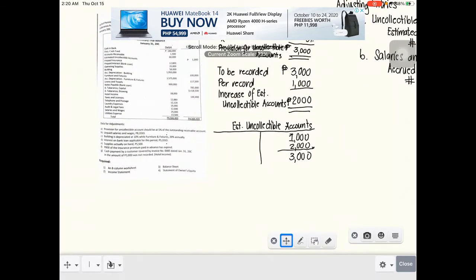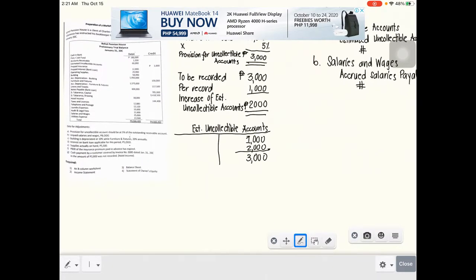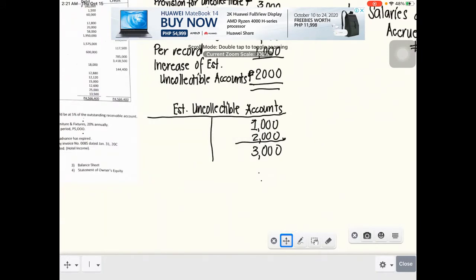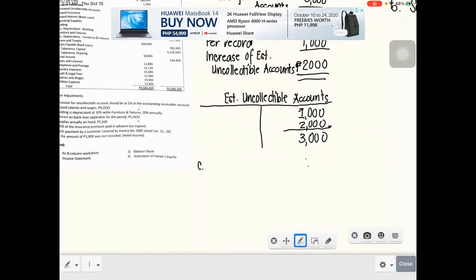Next, the third problem. Building is depreciated at 10%, while furniture and fixtures are depreciated by 20%. So let's try to make the depreciation. So this is letter C. So what is the formula in computing depreciation? So let's try to recall the formula.